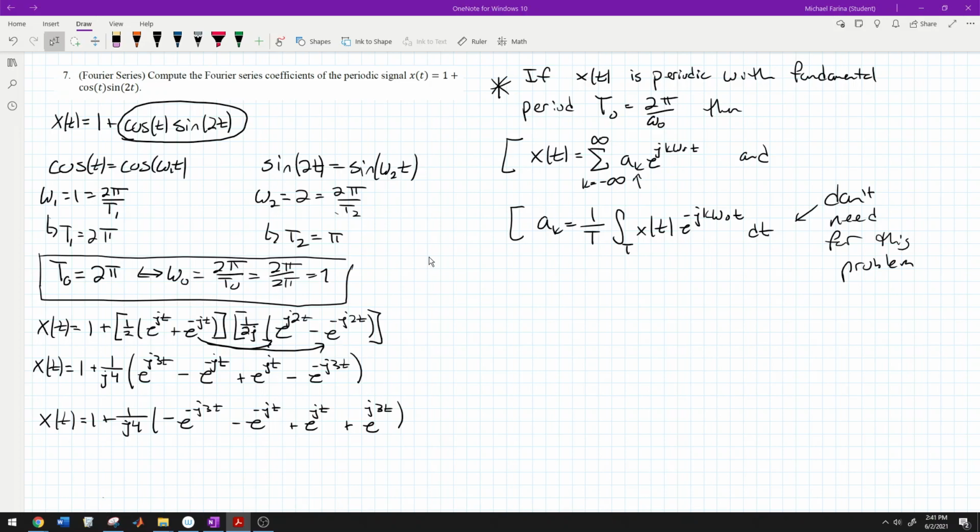And our fundamental frequency is 1, right?